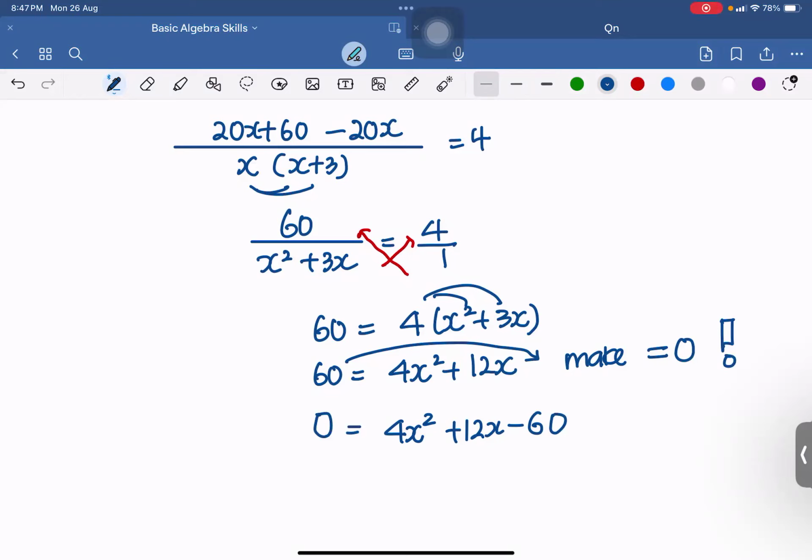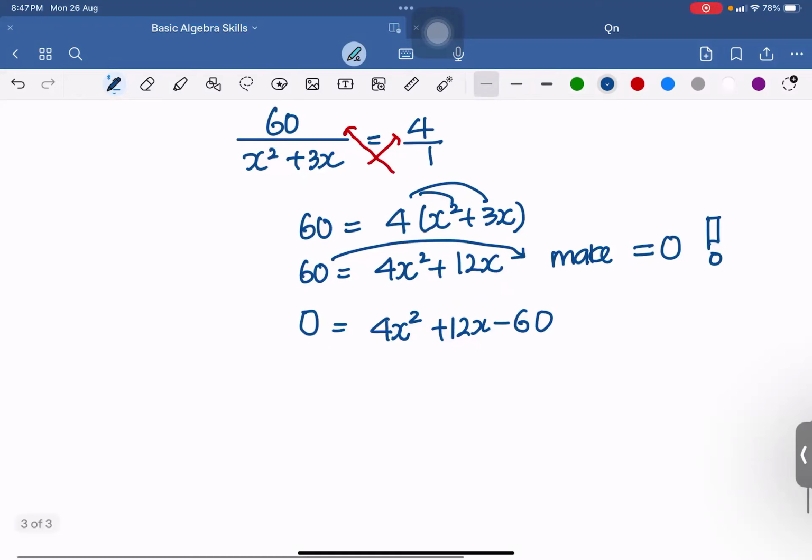Something to take note of over here. Actually, you can still use the formula straight away. But do you notice for 12, 60, we can divide by a common factor, the number 4? We can actually reduce the numbers. But even if you don't want to, the question is about solving, so you can still use your algebra formula.